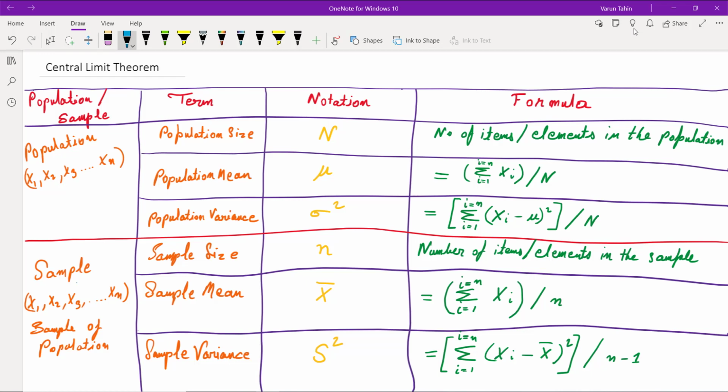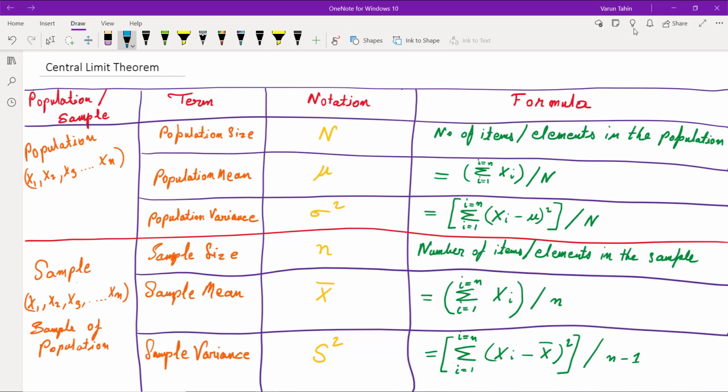Now the population mean will always be mu, and it is calculated by the summation of the individual elements, from the first element till the Nth element, divided by N. The population variance is sigma square, which is calculated like this. We take the difference of each of the individual elements from the population mean, square it, and take the summation of all those calculated values from the first element till the Nth element, and then divide by the population size.